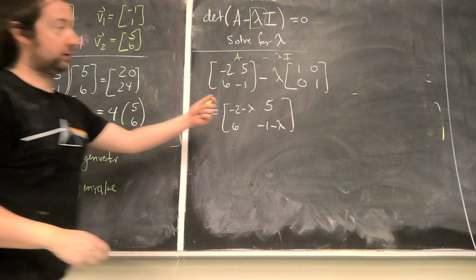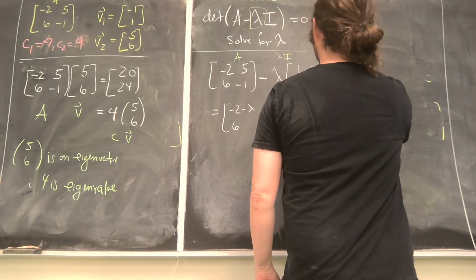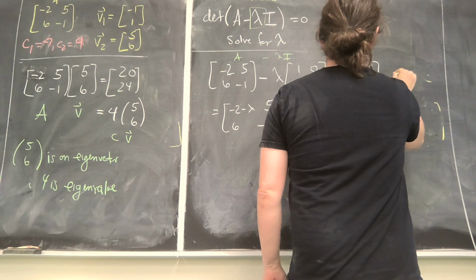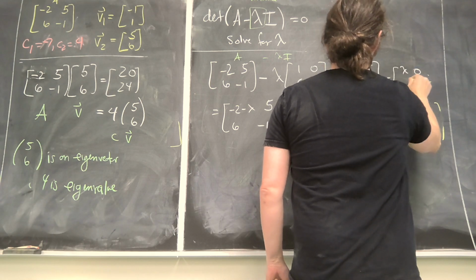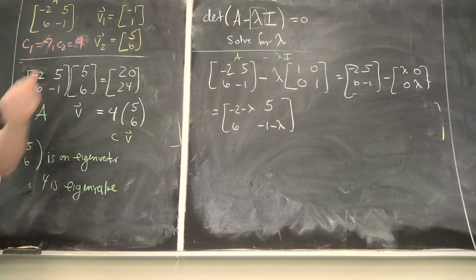I just scalar multiply the lambda inside the identity, so minus 2, 5, 6, negative 1, minus lambda, 0, 0, lambda. And the way that you add or subtract matrices is you just add and subtract the entries.